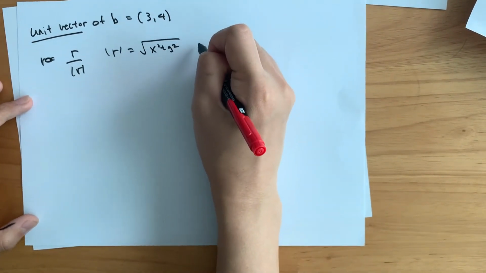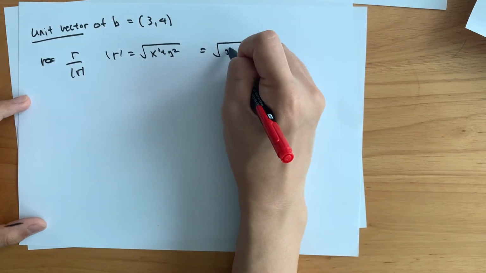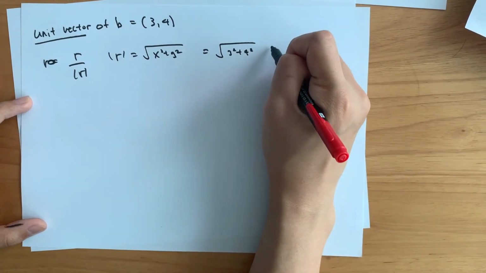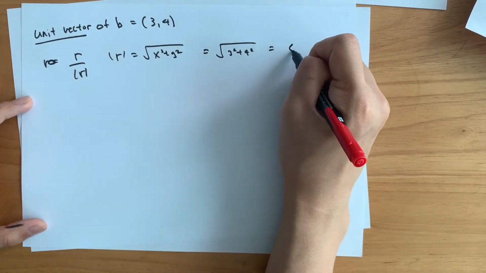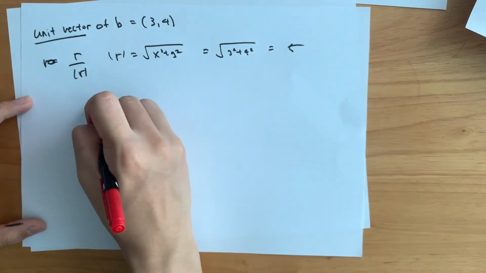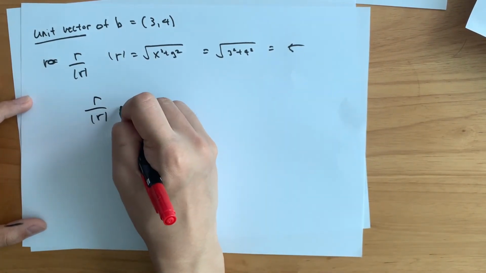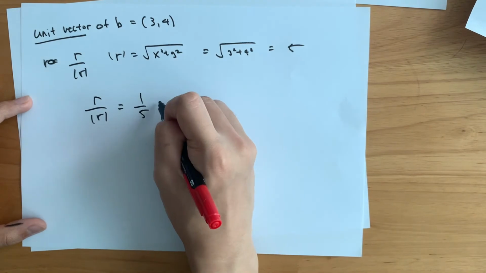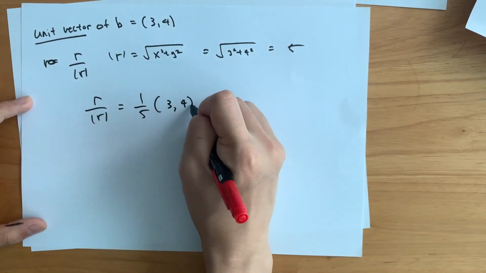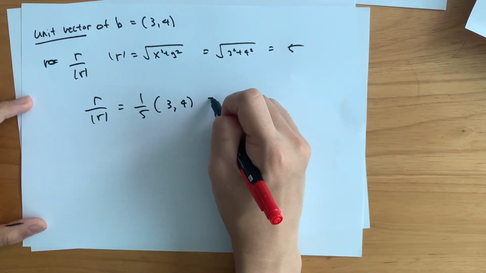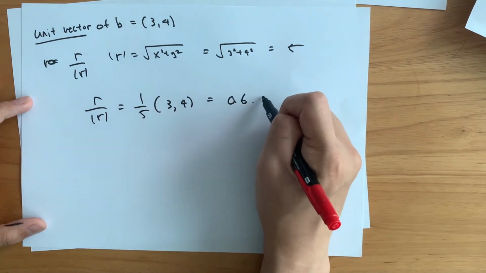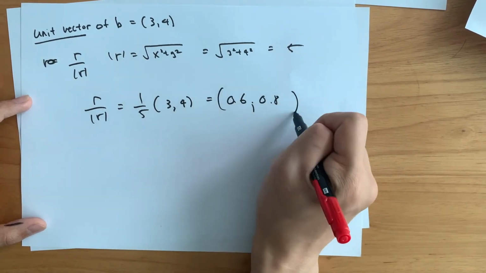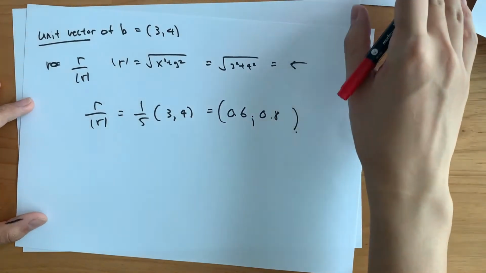So in this example it is 3 squared plus 4 squared, and this one is just equal to 5. So r divided by r, this one is equal to 1 over 5 times 3, 4, so 0.6 and 0.8.